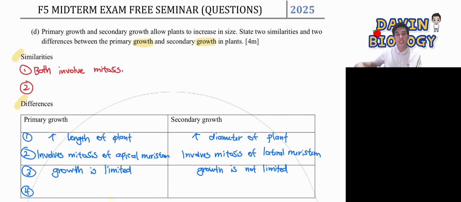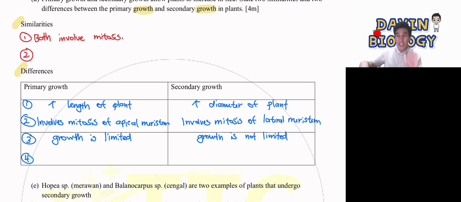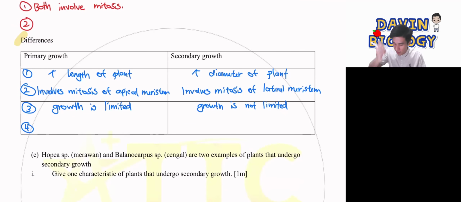Number 10. Okay, the last one you can say is the type of plants that undergo primary growth. No matter what plant you are, tall, small, wide, thin, whatever, you have to undergo primary growth. It occurs in all plants. However, just now we said only woody plants can undergo secondary growth. But don't say only woody plants. Later we're going to learn that woody plants are perennial plants.